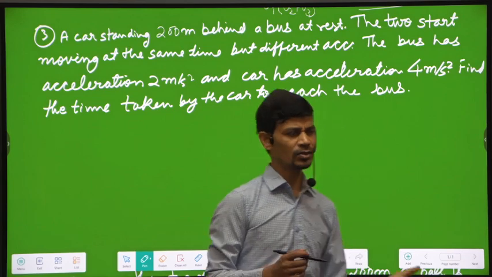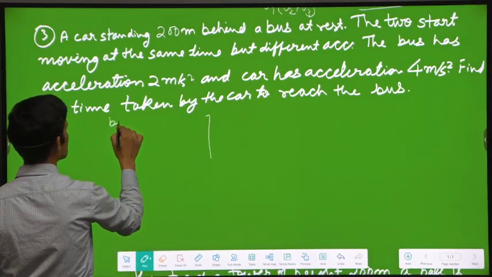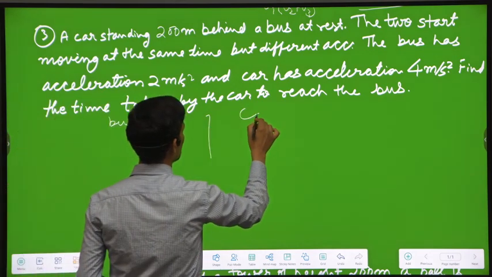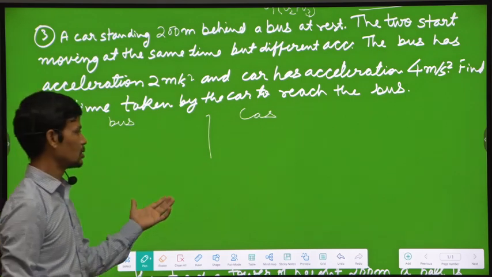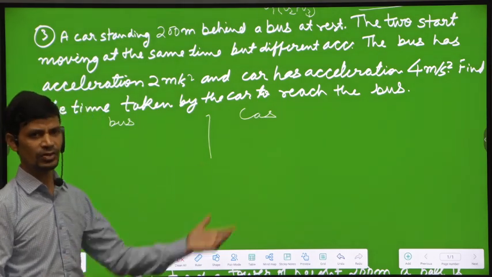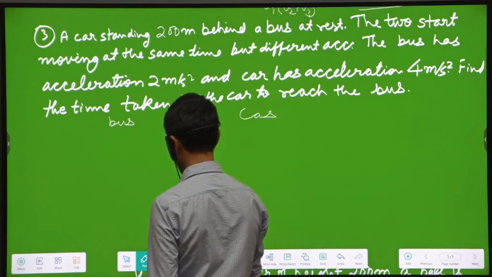Otherwise that approach is also correct, like if we solve for the bus separately and for the car separately and then just equate, there will be two equations, we solve those equations and we will get the answer easily.